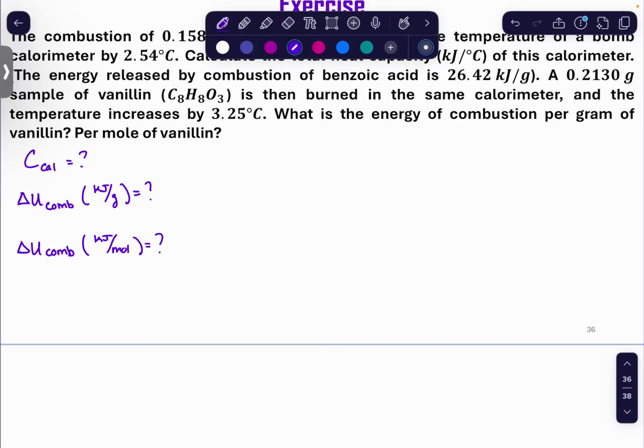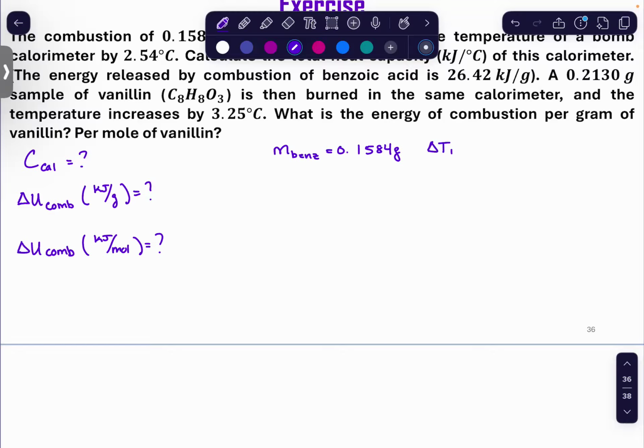All right, so my mass of benzoic acid, 0.1584 grams.